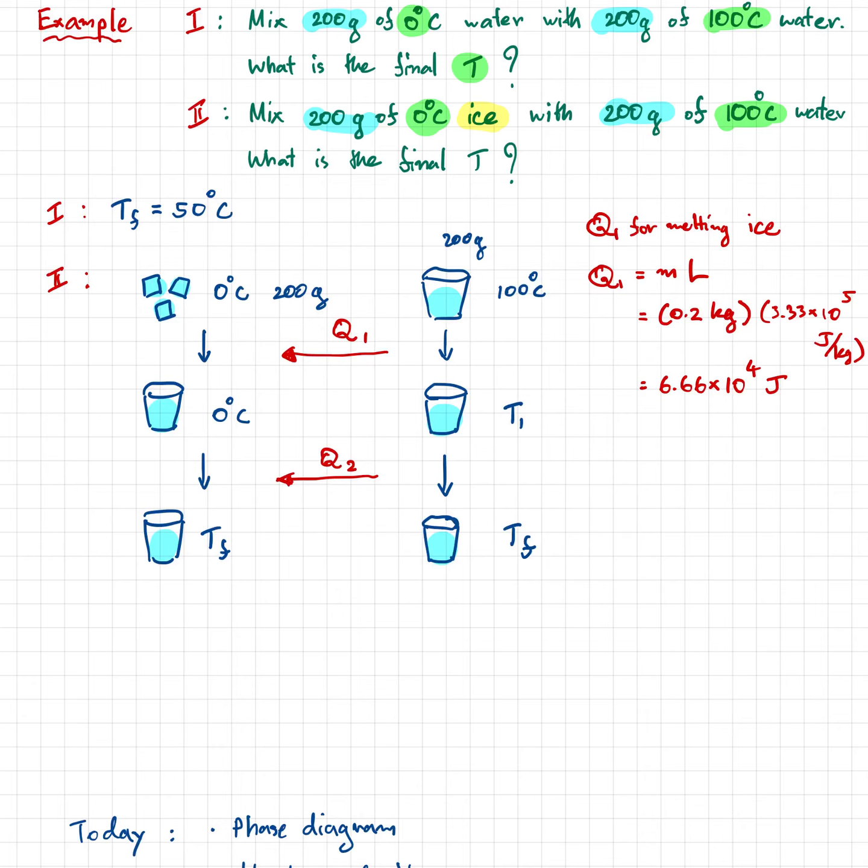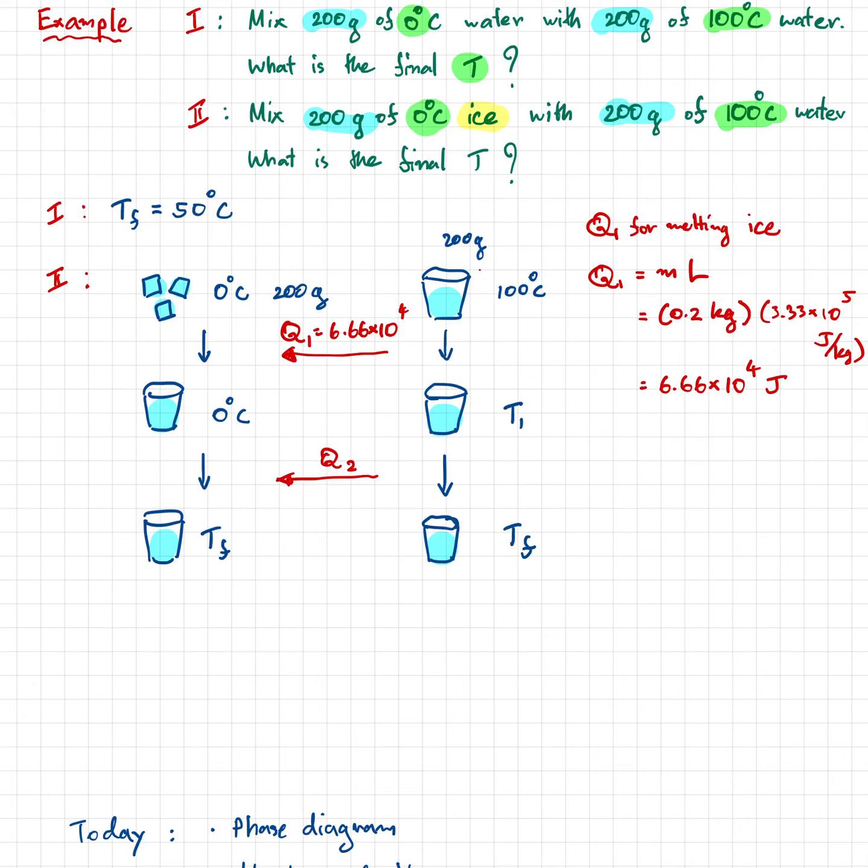Okay, so that's the first step. So in this step, we can fill in the diagram here. So I can write Q1 is 6.66 times 10 to the 4. Okay, so while doing the calculation, you can also check if I do it correctly. If not, you can let me know.